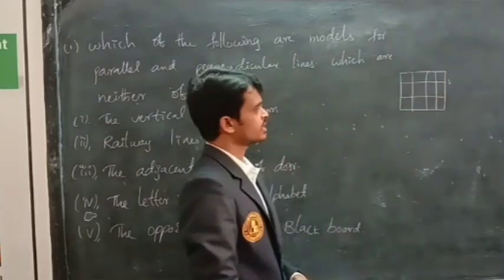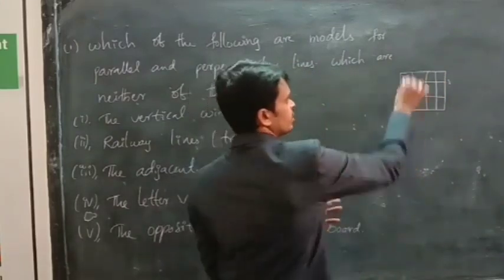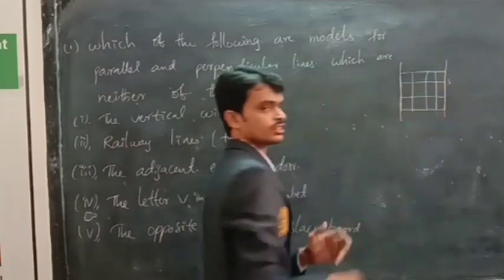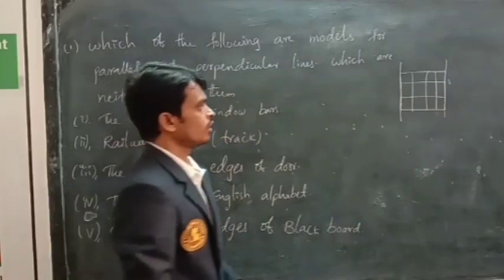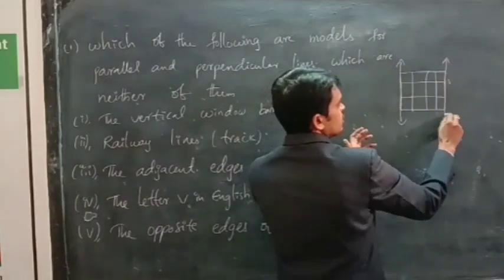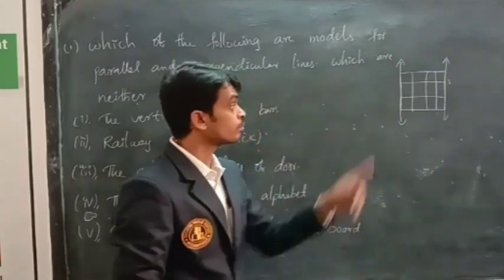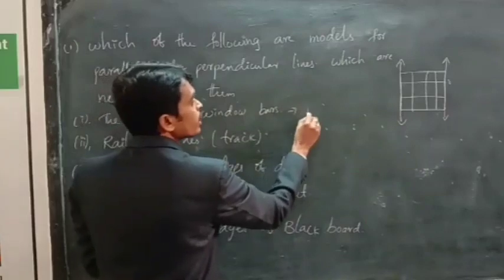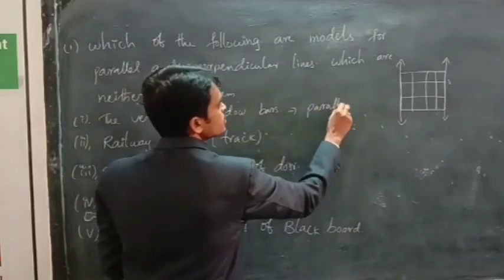These are the vertical bars of the window. Which type of lines are these? Easily we can identify parallel lines. So vertical window bars are parallel lines.